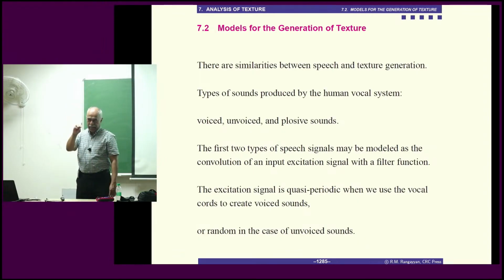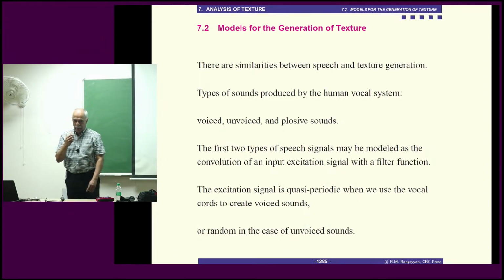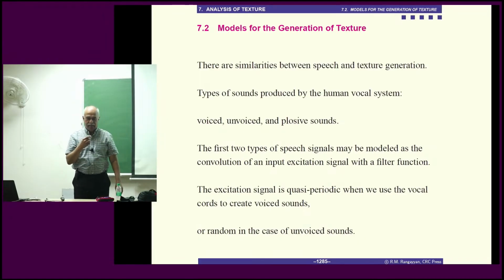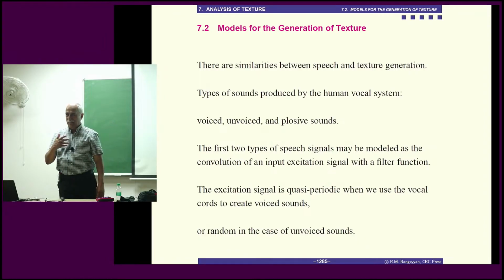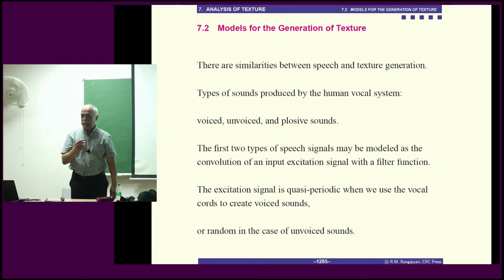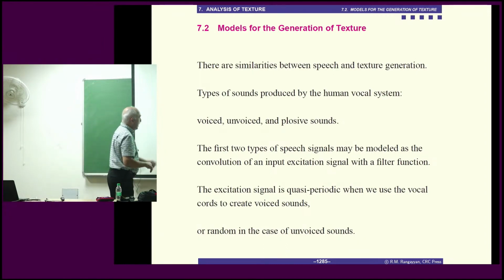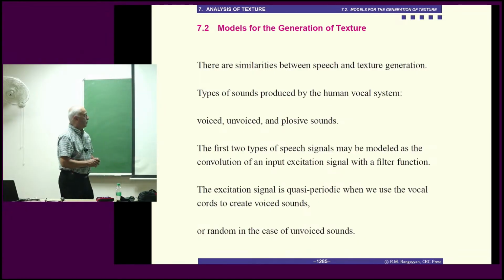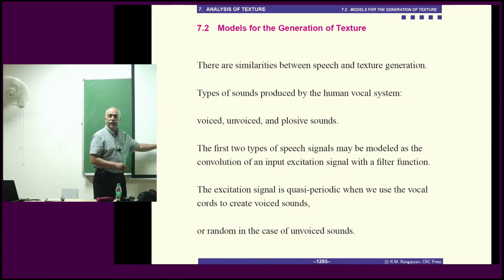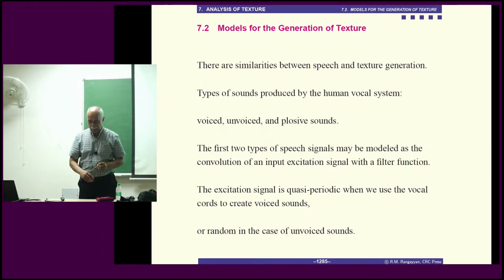So when pushing air through a constriction, you are modifying the spectrum of the input, which is random. So you are filtering, but it is still a random signal. There is no definitive waveform to that. The excitation signal is quasi-periodic when we use the vocal cords to create voiced sounds, or random in the case of unvoiced sounds.